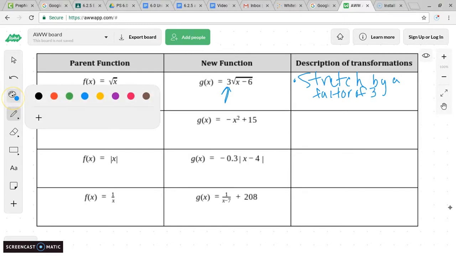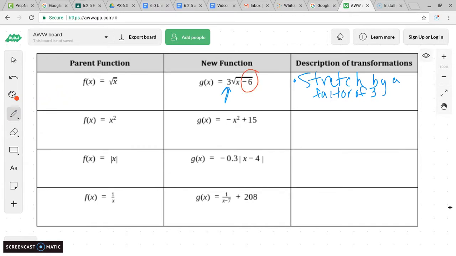And then the other thing that's happening is this -6 that's underneath the square root symbol. Because it's underneath the square root symbol, we want to think of it as inside parentheses. So the parentheses group our variable with a number. The same thing is happening here. The square root is grouping that -6 with the variable. And so we know that it's moving left or right.